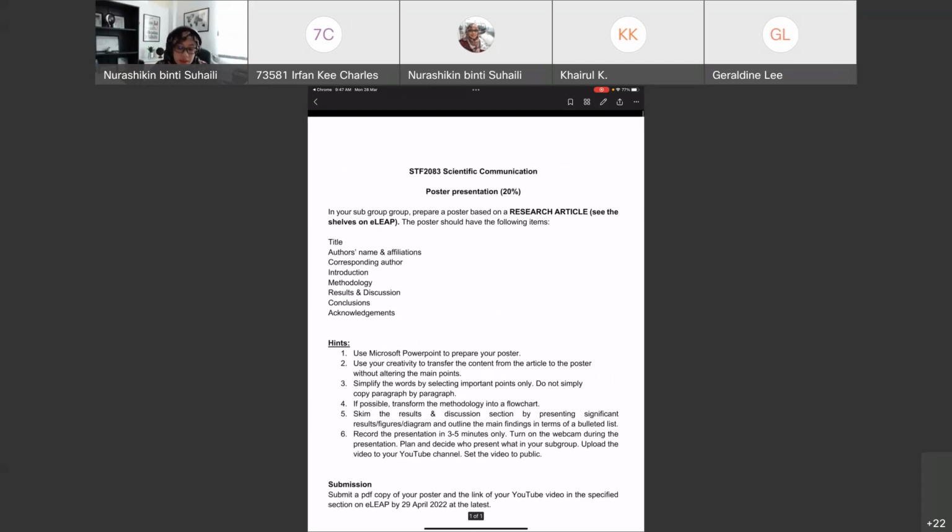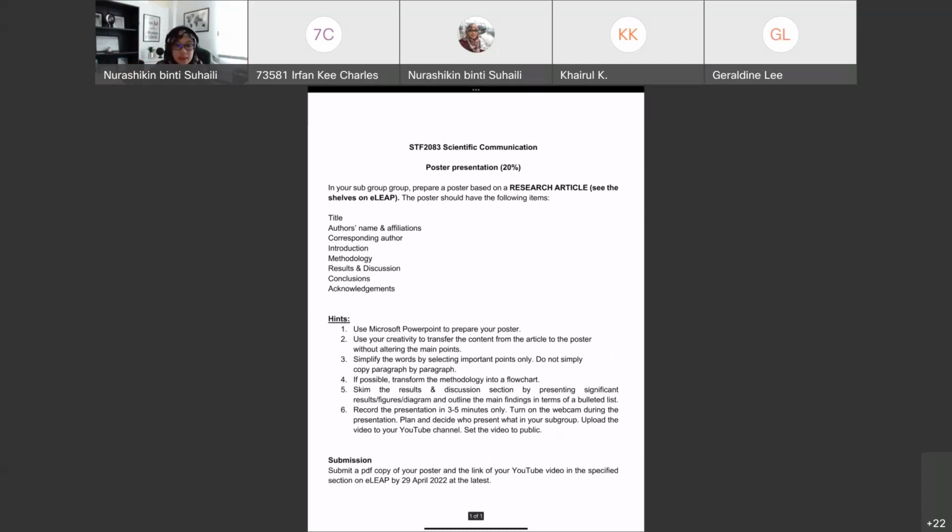The author's names and affiliations refer to the article, not your name. You just assume that you are the authors of the paper and you want to present it. So the author names should be those of the article, and the affiliations you can find in the research article. For the corresponding author, you should look for this information as well and put the email address of the corresponding author.